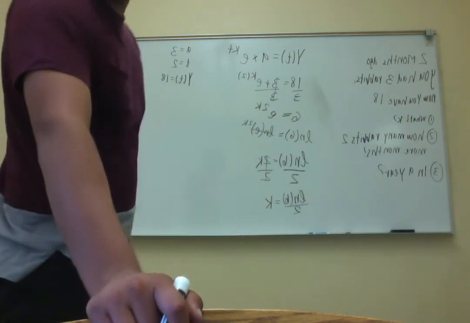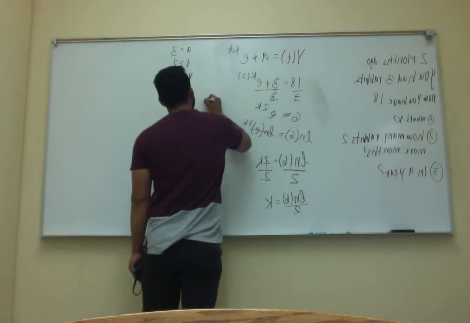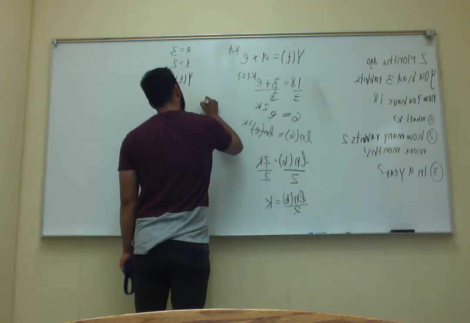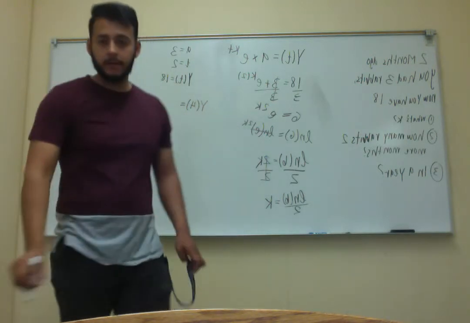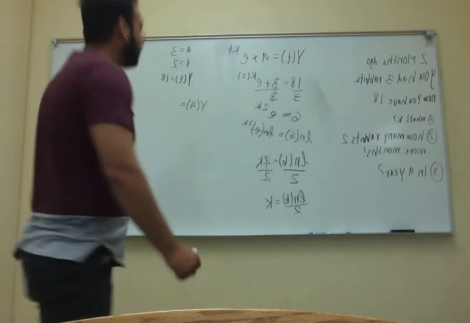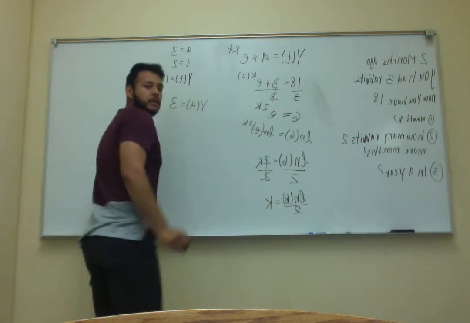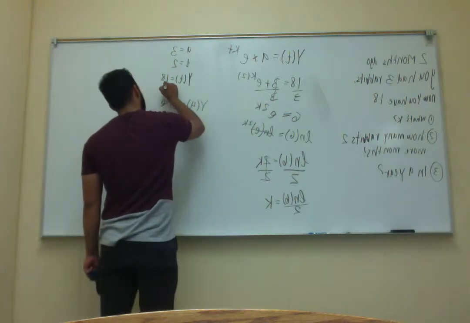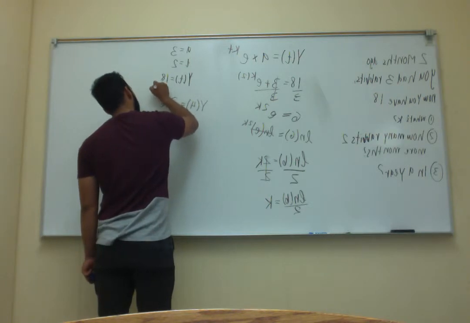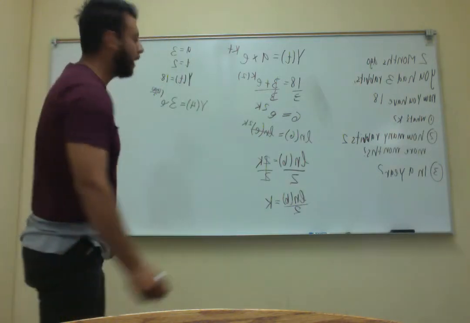So then we would have to solve y(4) equals 3e to the power of (ln 6 over 2) times 4.